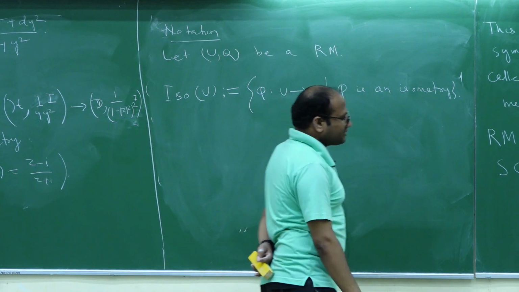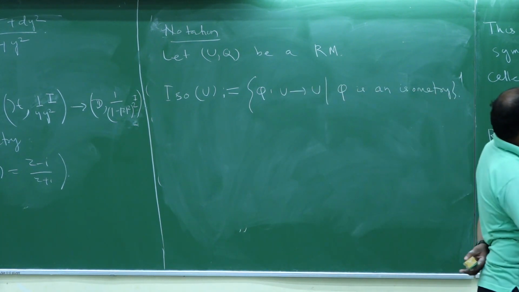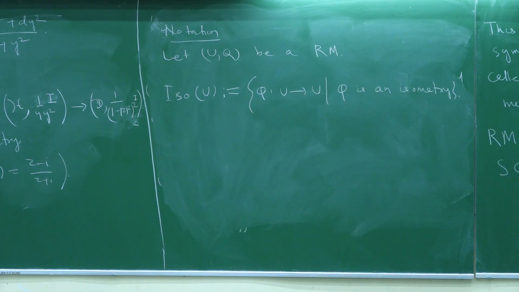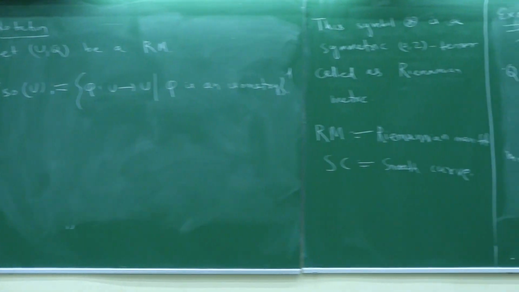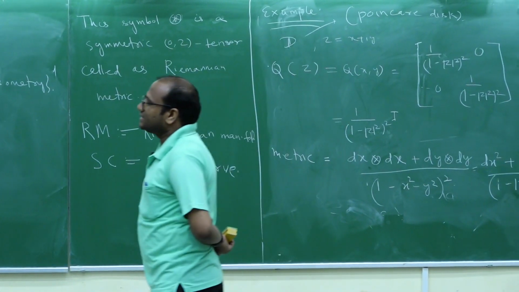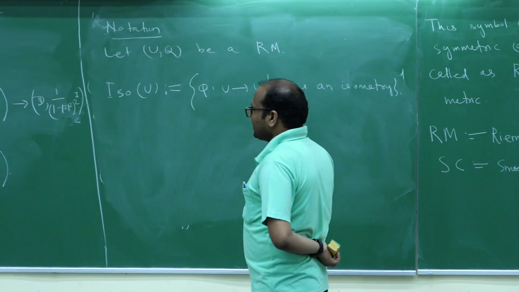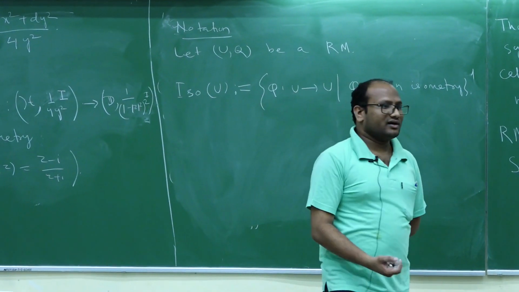So now onwards, actually, we will mostly concentrate on two Riemann manifolds, that is, really the upper half plane and the disc. Basically since these are isometric, it is sufficient to concentrate on one particular Riemann manifold.